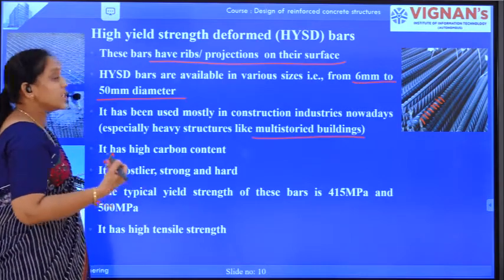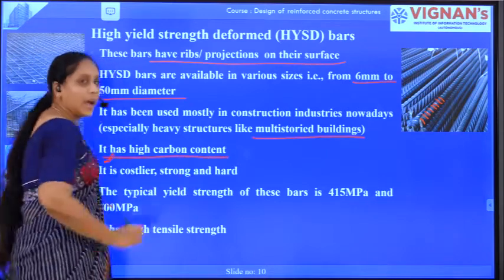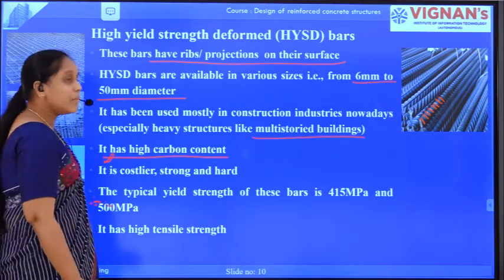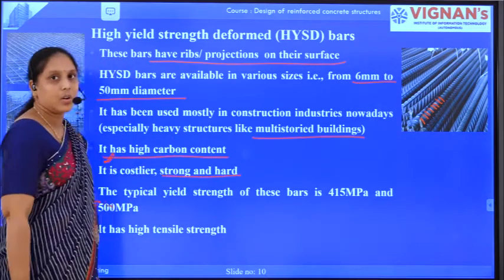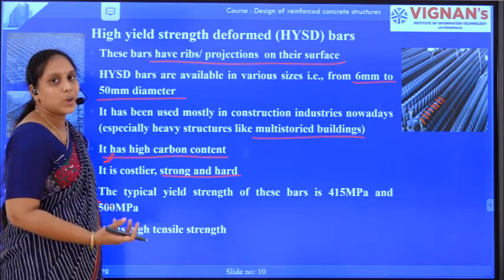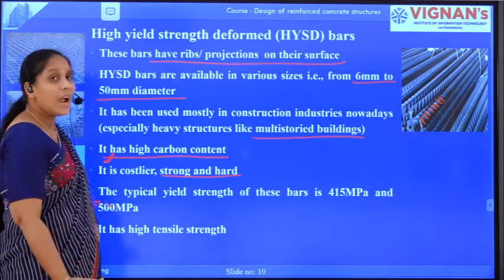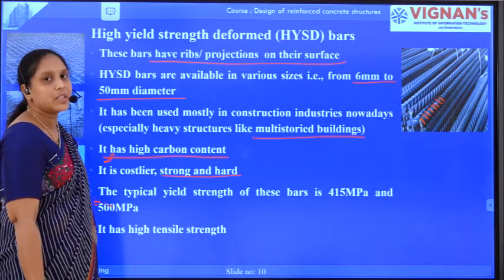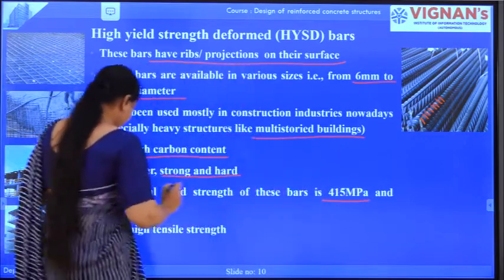And why are these HYSD bars most commonly used? One reason is that they have a high carbon content. Due to the high carbon content, the HYSD bars are strong and hard. As the bars are strong and hard, they are most widely used as reinforcing steel in most constructions. The grades of the HYSD bars are Fe 415 and Fe 500.